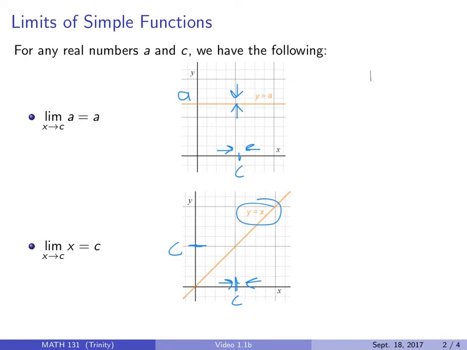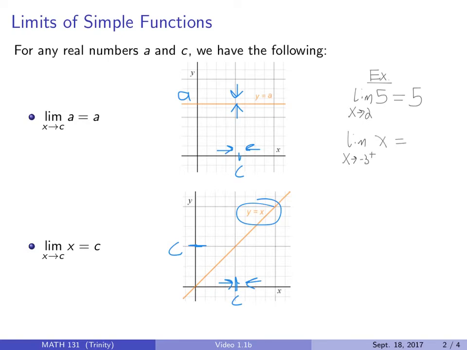Let's try a couple of examples applying these theorems. First, let's take the limit as x approaches 2 of the function 5. Since 5 is a constant, no matter what x value I'm taking the limit at, this limit is going to equal 5. Let's try the limit as x approaches -3 from the right of x.